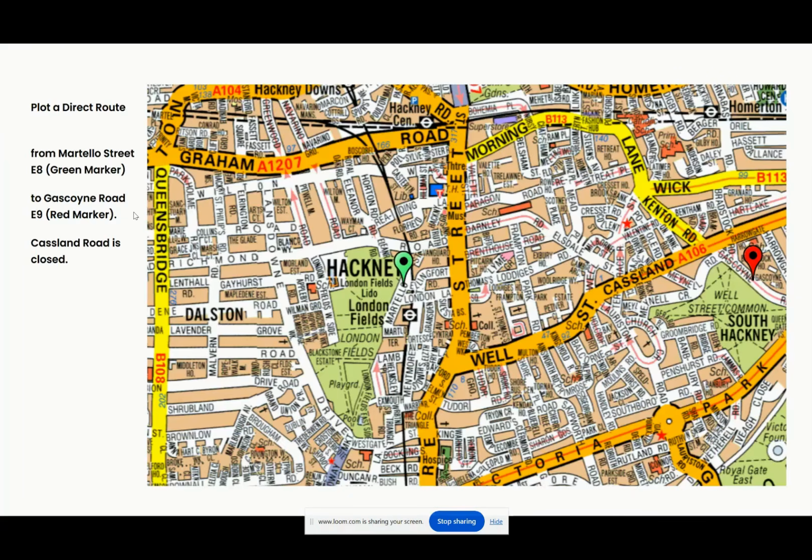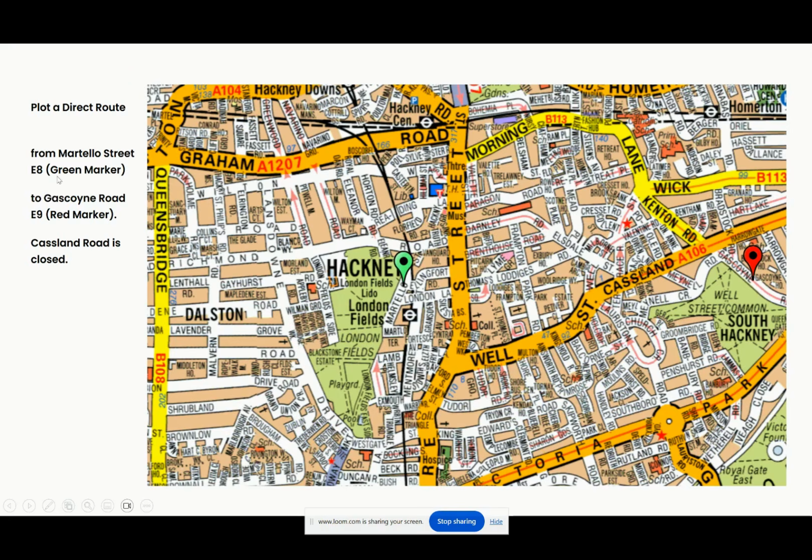So here is what a typical question looks like in part 1. On the right hand side, you will have the map drawing software where you will draw your route. On the left hand side, you will have the instructions and information. The instructions will always start by saying plot a direct route, and then it will say the starting location, which is this green marker here, and the end location, which is the red marker over here.